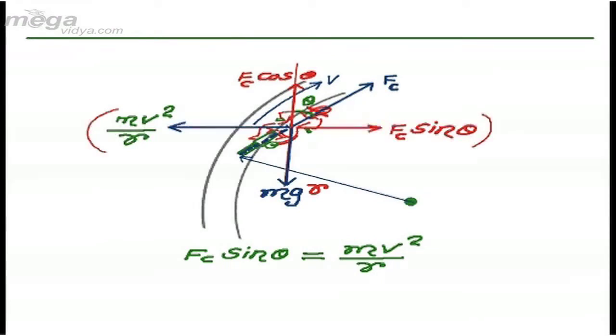And if we talk about the equilibrium in the vertical direction, then obviously Fc cos theta will balance the weight of the bike plus man duo.